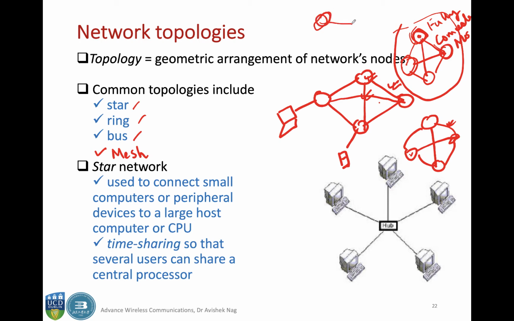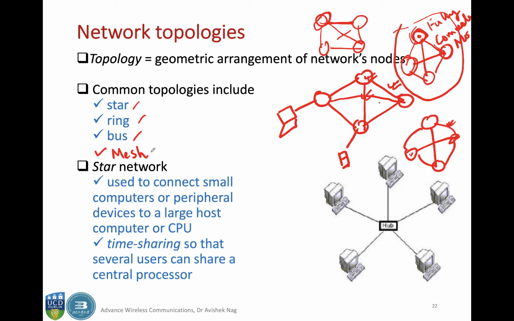You can also have a semi-connected mesh. Let's say in this example, you can just have this. This is a mesh but not a fully connected mesh, because this node is connected only to these two and not this one. So you can have different variants or different types of geometric arrangements. Mesh is the more common form of network.